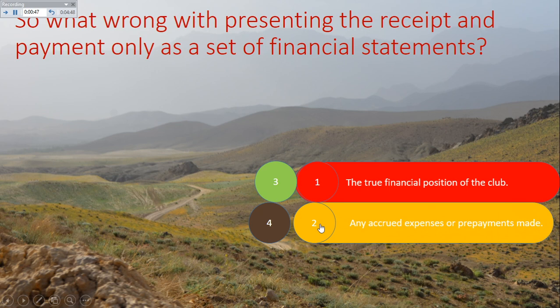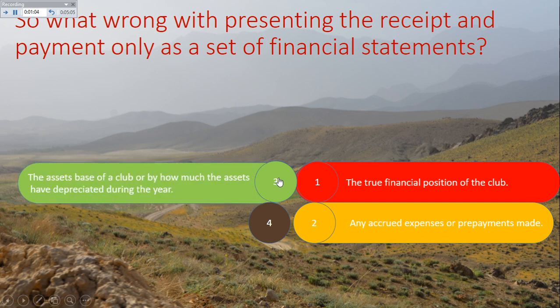Number two, accrued expenses or prepayments made are not shown there. When you talk about accrued expenses, it could be expenses payable, or prepayments made in the early years, not shown in the receipt and payment account.